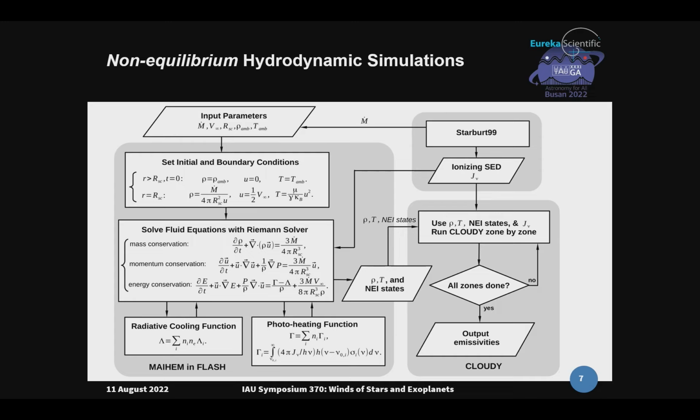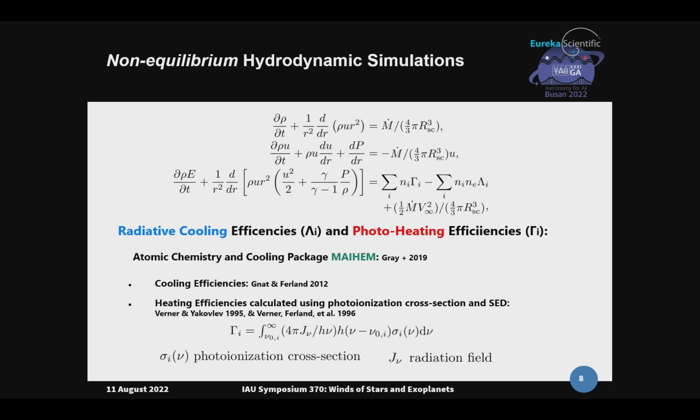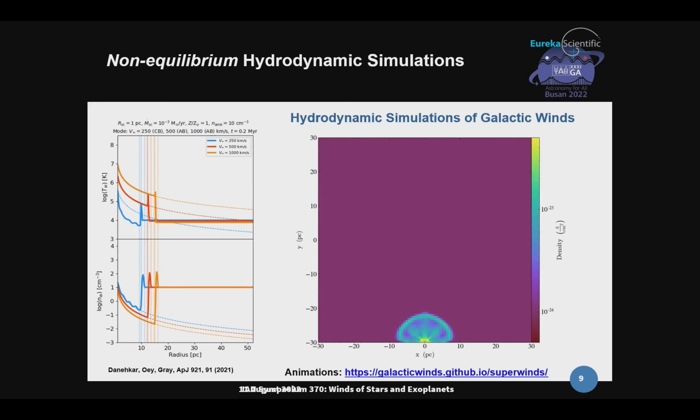I use the SED made by Starburst99. For cooling, I use cooling efficiency and atomic data, and for photoheating, I use photoionization cross sections and also the SED model, which is the ionizing field. The radiative cooling contributes to cooling, and photoheating contributes to photoionization.